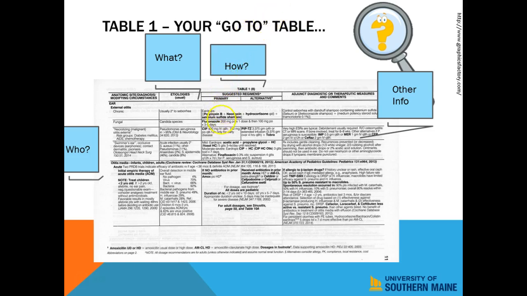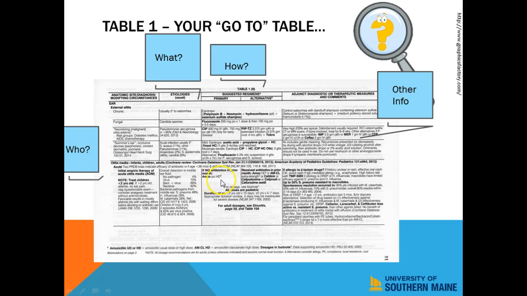So in this case, we're going to look at acute otitis media, and we are looking at all of these little notes about the age of the child. Here it says, okay, if there have been no antibiotics in the prior month, we want to go with amox-HD.